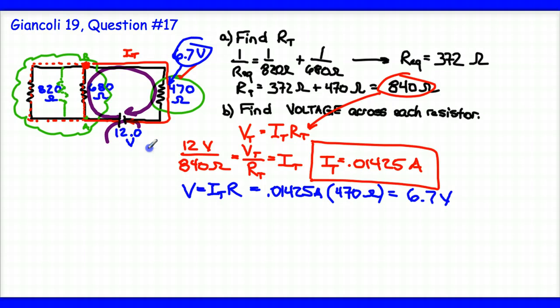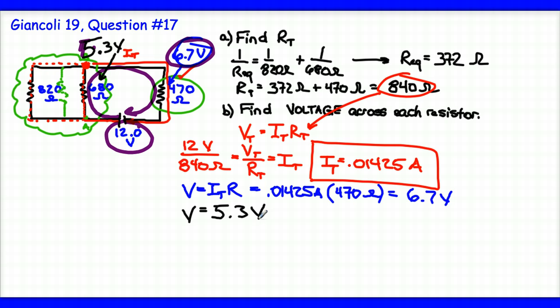So if I gain 12 volts right here at the battery, and I lose the 6.7 volts across the 470 ohm resistor, that means that the balance, or the 5.3 volts, needs to be dropped. 5.3 volts will be dropped across the 680 ohm resistor. So the voltage dropped across the 680 ohm resistor is 5.3 volts.